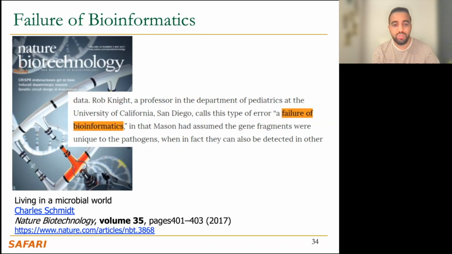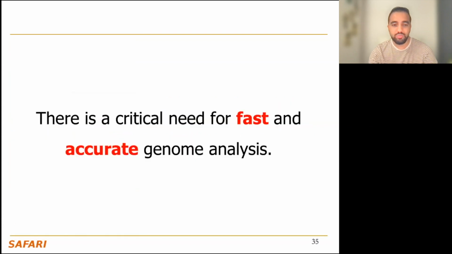The accuracy of the tool wasn't really high, and that caused a lot of false positives. That tells you there's a critical need not only for fast analysis, but also for accurate genome analysis. As I said before, speed might not be the only important aspect in this analysis, but also maintaining very high accuracy.